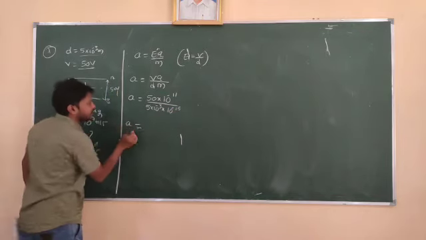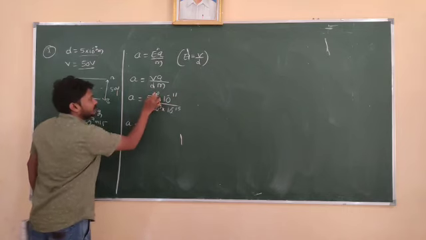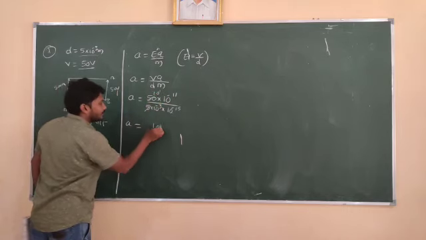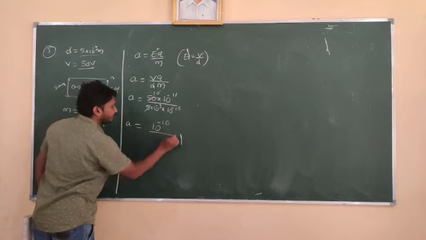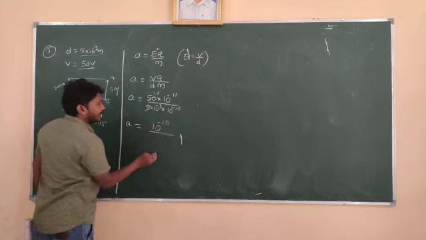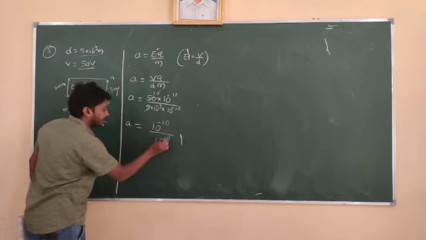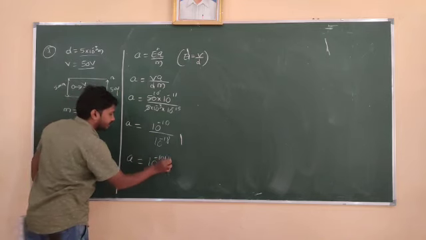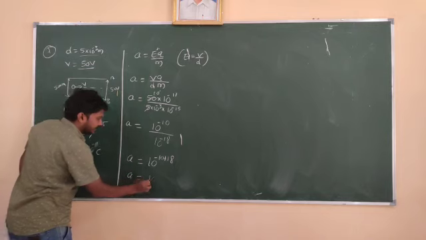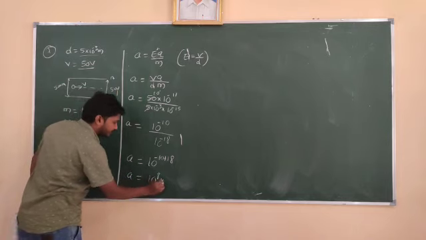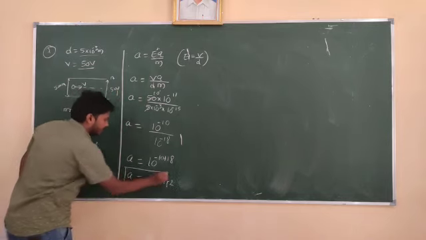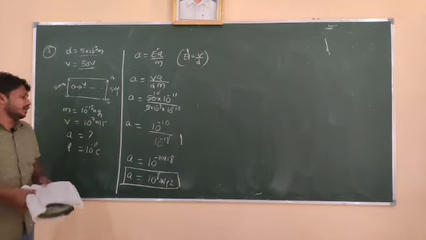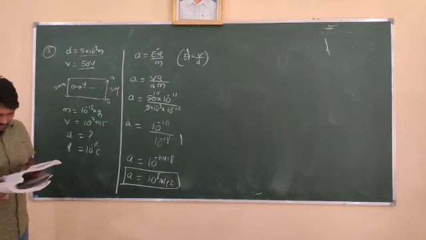So what will be the acceleration value? 50 is 10 to the power of 1 into 10 to the power of minus 11, so 10 to the power of minus 10, and in the denominator minus 3 minus 15, so 10 to the power of minus 18. So 10 to the power of minus 10 plus 18, so a is equal to 10 to the power of 8 meter per second square. That is the acceleration value.